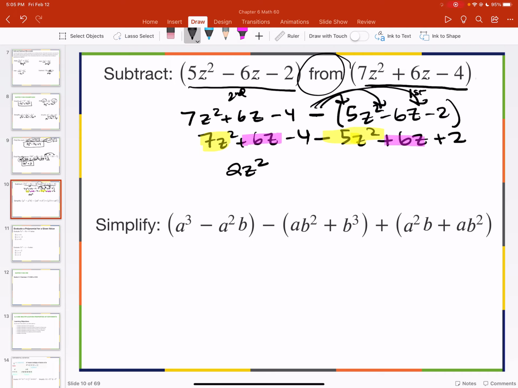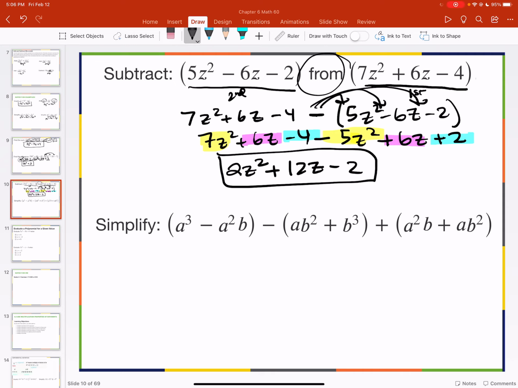So then that's going to be a plus 12z. And then the last terms would be negative 4 plus 2, which becomes minus 2, and then you're done. Okay? So that's helpful.